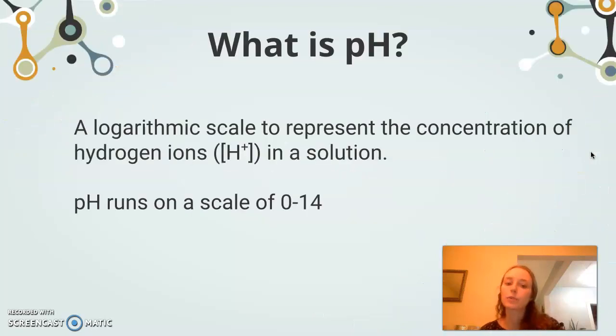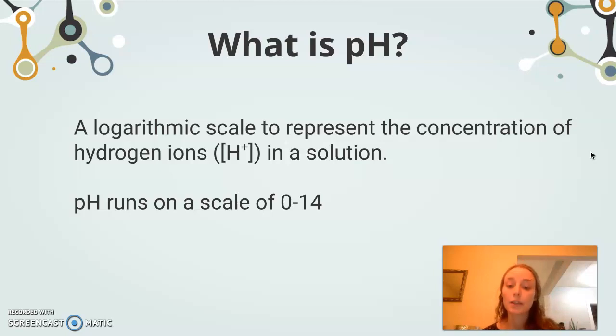So what is pH? We've talked a little bit about this. We've looked at litmus paper, and potentially looked at pH paper in class, and started to figure out pH can tell us how acidic or how basic a sample is. More specifically, pH is a part of a logarithmic scale to represent the concentration of hydrogen ions in a solution.